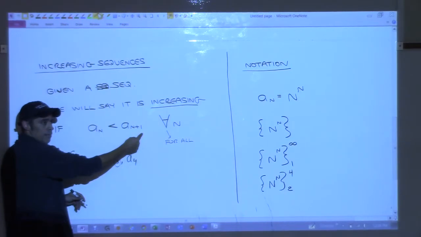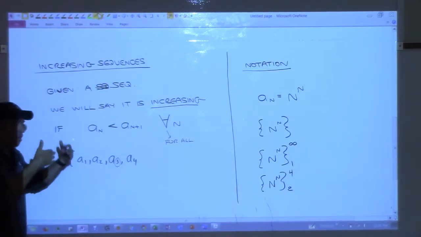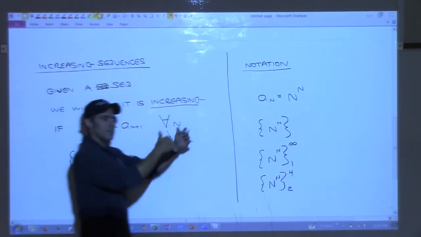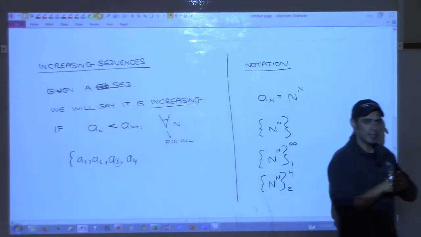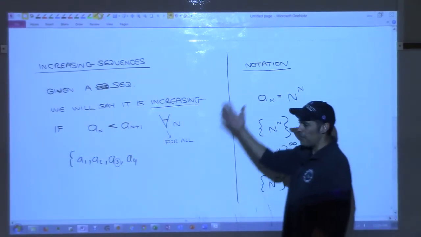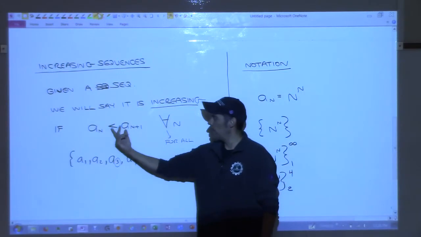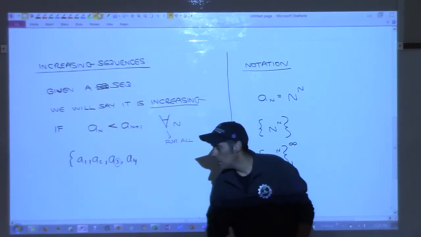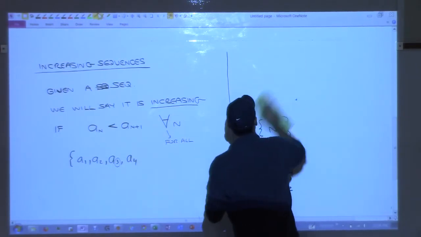As long as you maintain that the whole time, then this thing is increasing. So the numbers are getting bigger as you go. That's an increasing sequence. What does decreasing mean? Same definition, flip the inequality over. So they get smaller as you go. So, decreasing sequence.